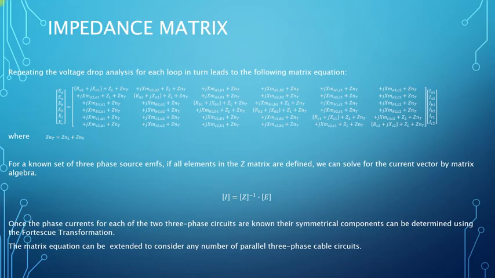And once the currents in each of the 2 three-phase circuits are known, their symmetrical components can be determined using Fortescue's transformation. And this matrix equation method can be extended to consider any number of parallel three-phase circuits.